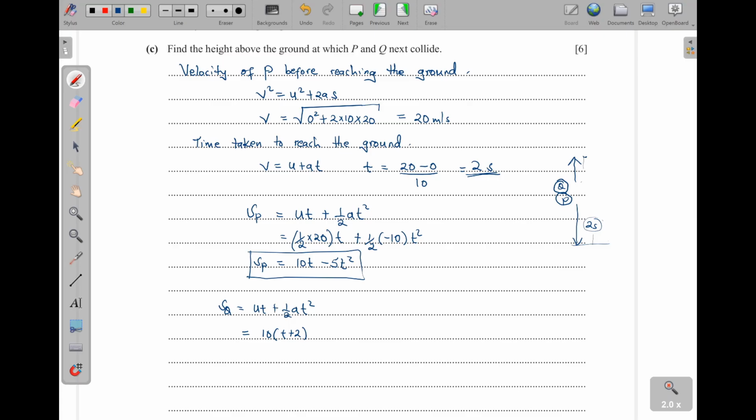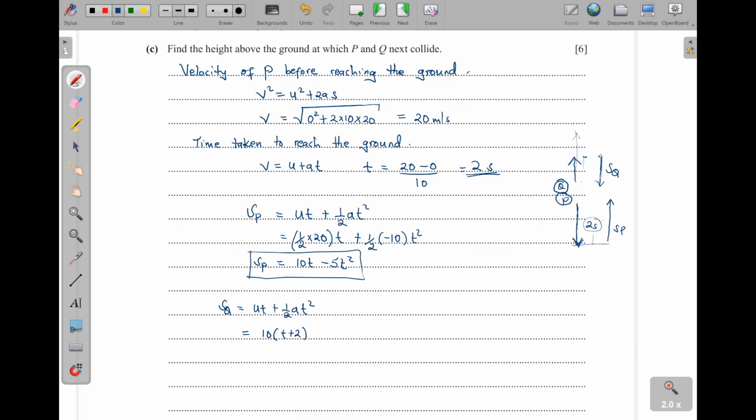Then next, P moves up. Now we are finding the SP. Even Q is also moving, so we don't know whether it is coming back, so we want the S of Q. So the time spent by Q in motion is going to be the 2 seconds that P has taken when it is moving down, even Q is moving up.